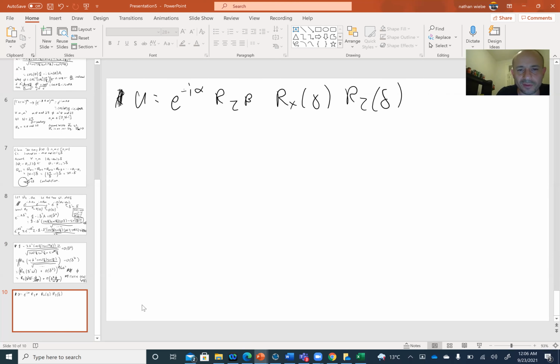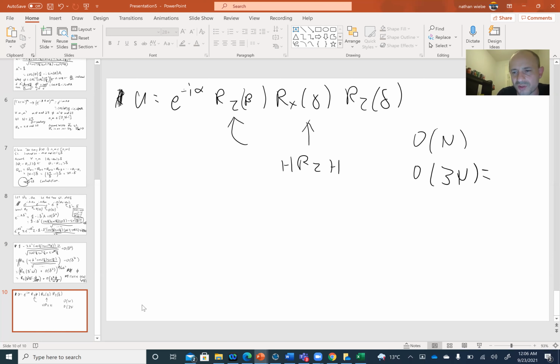Given that this is true, we've now got a prescription for building each of these operations with an arbitrarily small error. Rx, as we mentioned before, is no different than H RZ H. So by repeating each of these operations order n times, we end up getting a cost of order 3n, which is equal to order n.